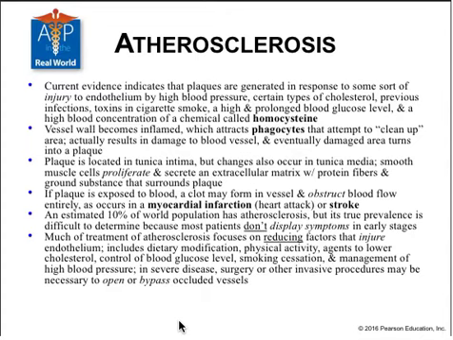Now, you might wonder, why is it that when the blood vessel narrows, the likelihood of a clot is increased? The reason is that the rate of flow through the restricted area, through the narrowed lumen, is slower.